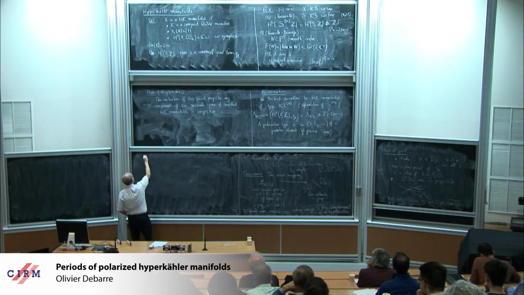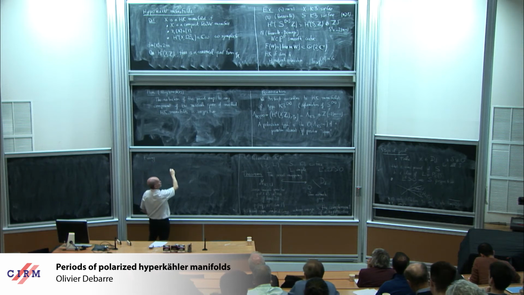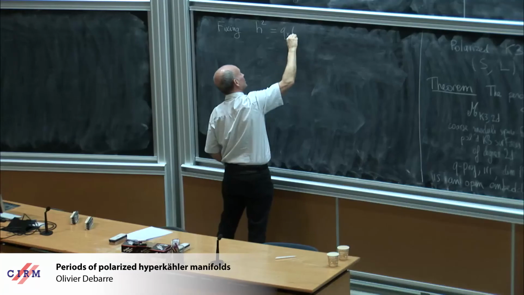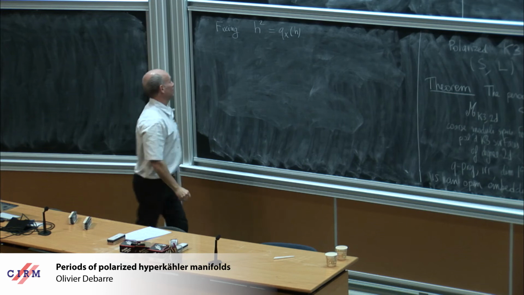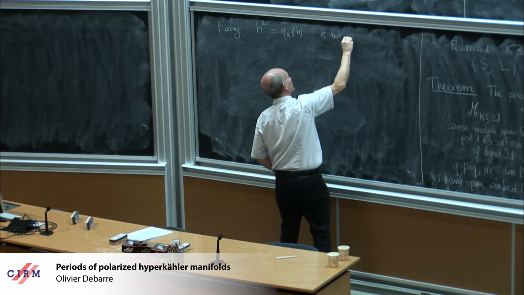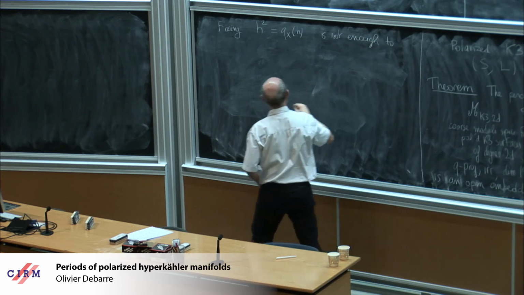So fixing the square, I'll just write h square, but you should understand that as q_X of h, is not enough to determine the orbit.